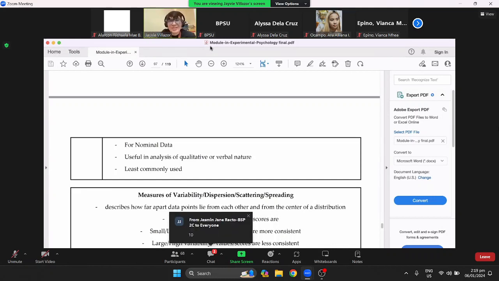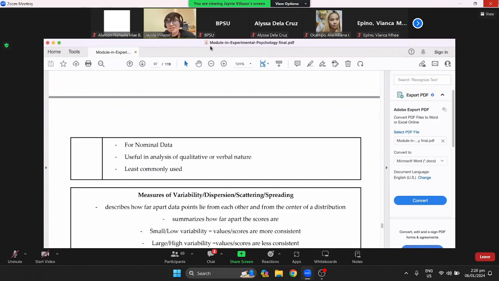The correct answer is 10. But what do you notice? Where are the scores more scattered, in 10, 10, 10 or in 5, 10, 15? So the scores are more scattered in 5, 10, and 15. That's correct.